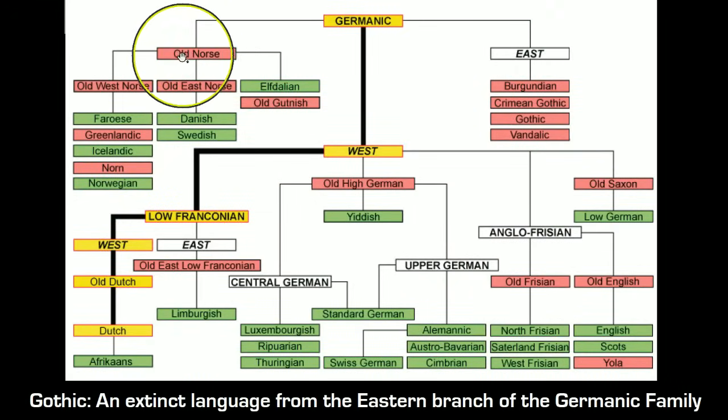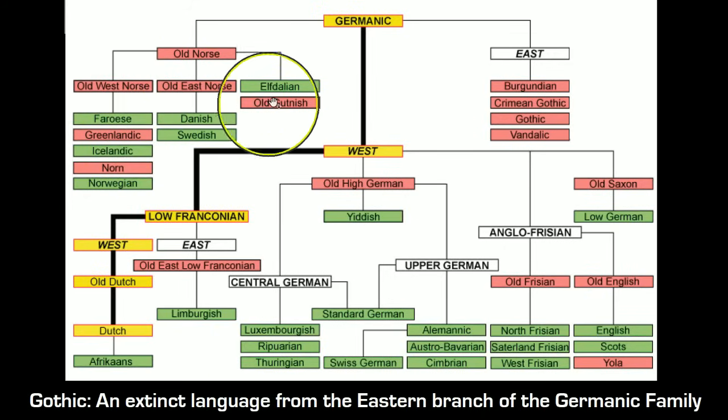That's the language we have, like all the Viking sagas and everything like that. And that divides into different regions: East Old Norse becomes Danish and Swedish, and the West becomes Norwegian and Icelandic, and then some of these other languages, for example Greenlandic, that means it's extinct, right?